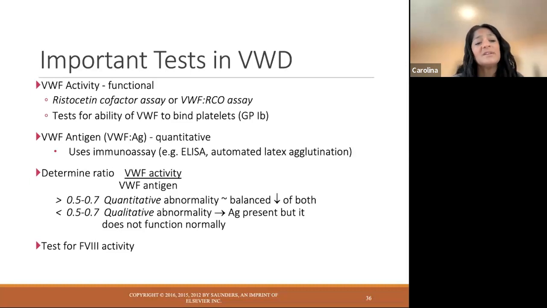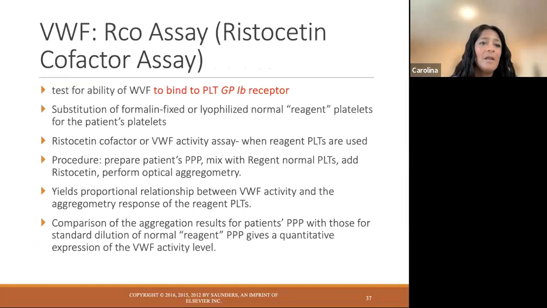And we can also assess for factor VIII activity. We talked about this before as well. The ristocetin cofactor assay will test for the ability of von Willebrand's factor to bind to platelet glycoprotein 1b-9-5 receptors.